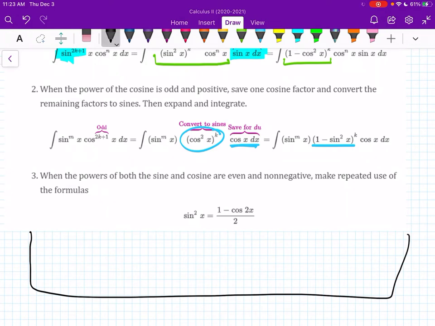So the other one is cosine squared of x equals 1 plus cosine of 2x over 2. And what you're going to do in that case is once you plug those in, you will find that it will be easier because you'll have fewer powers and everything will be in terms of cosine. So we'll do examples of all of these and you can see what it looks like in action.